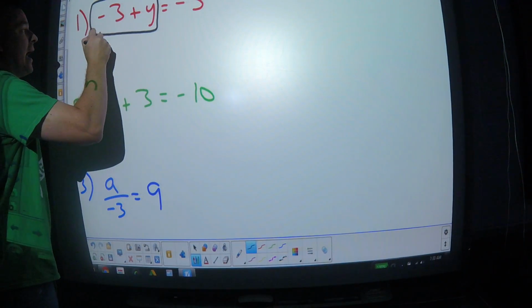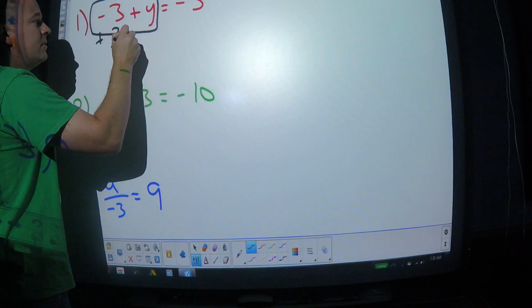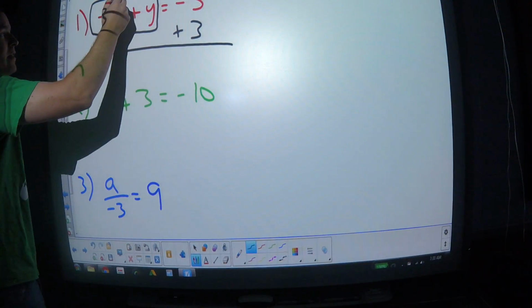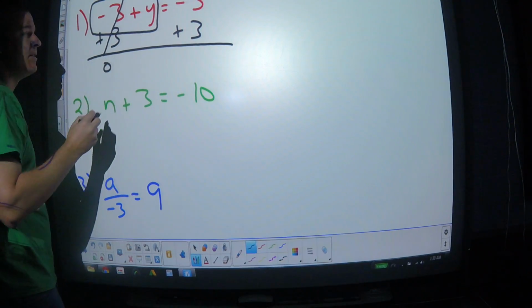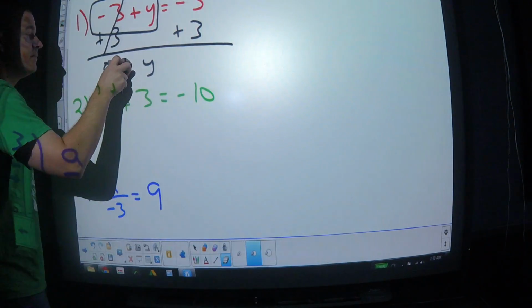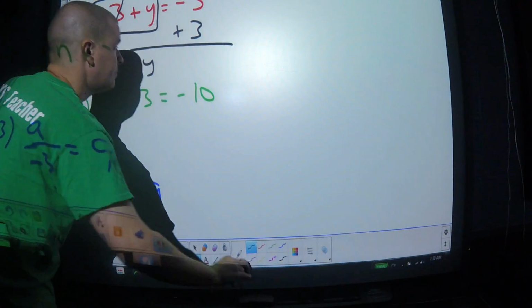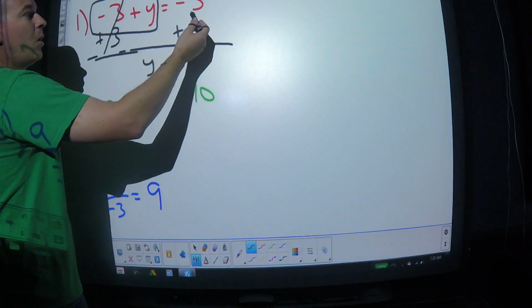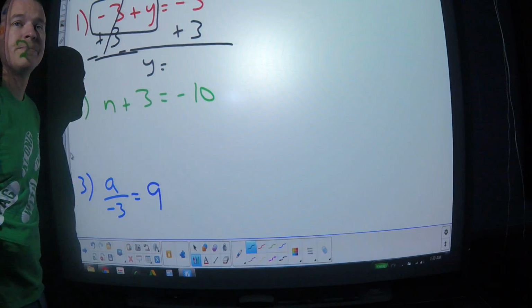Okay, so you add 3 to both sides, so that this cancels out and becomes 0. So you're left with just y equal to negative 5 plus 3.